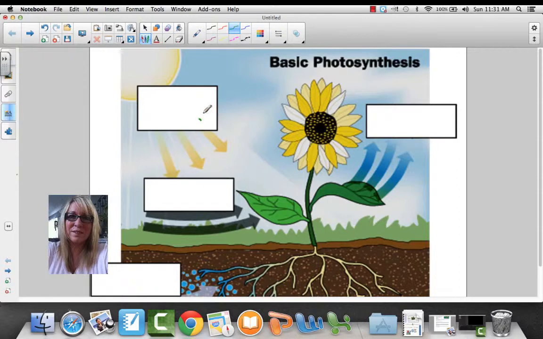And this is just a review of what we just did. It's the process of photosynthesis. So you know that photosynthesis takes place in the presence of light, because we need energy.